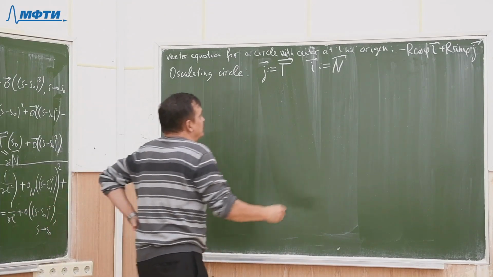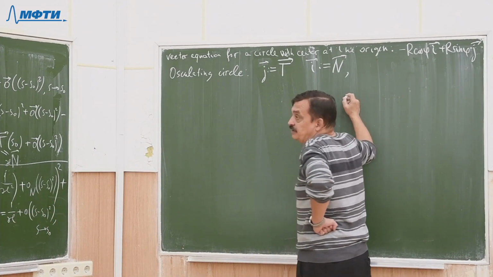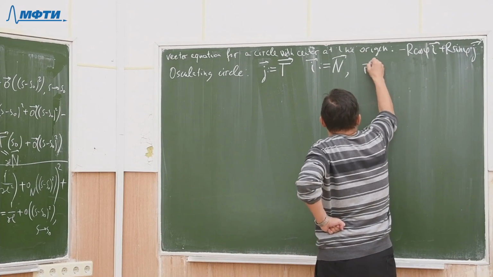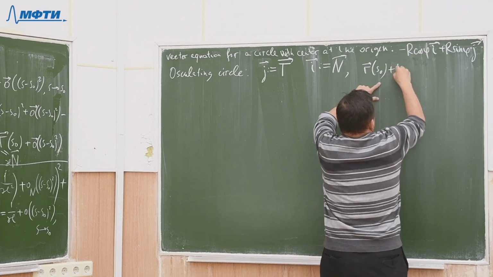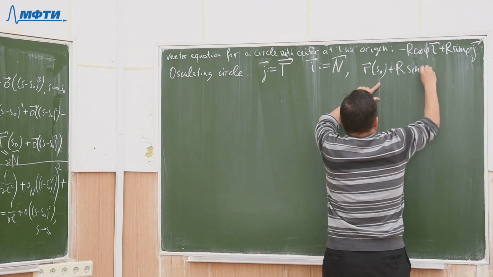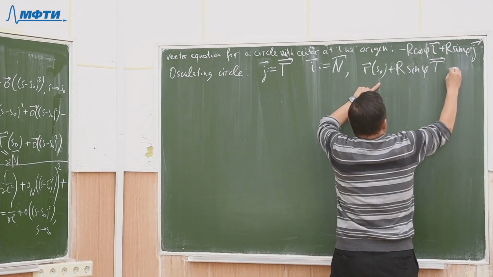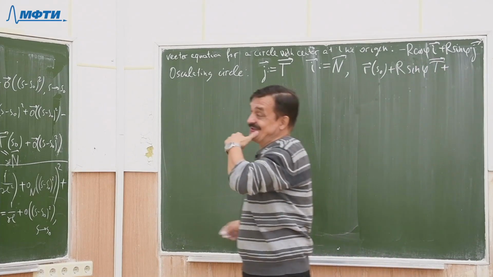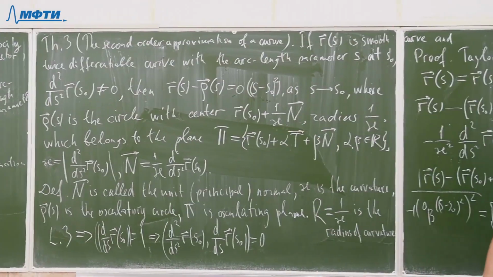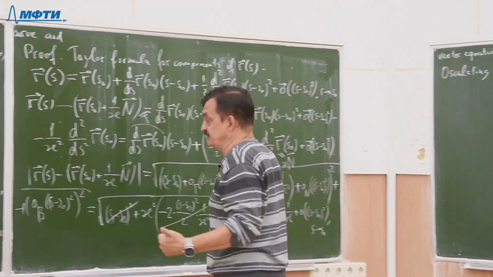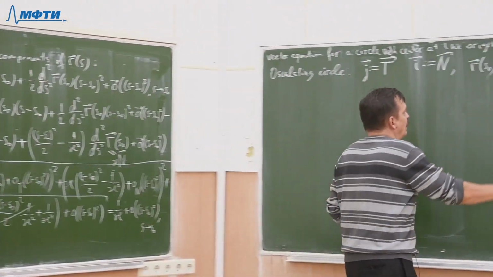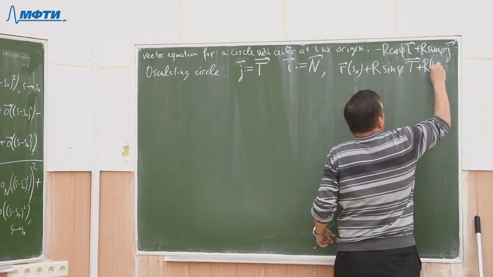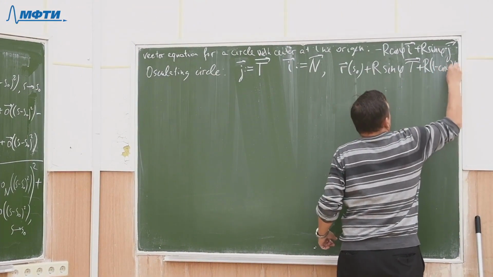So now the osculating circle will be R of S naught plus R sine phi t plus, look, n. 1 over kappa is nothing else but R. So plus R times 1 minus cosine phi n.